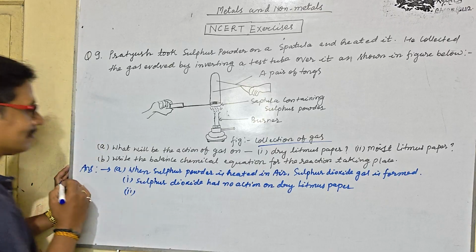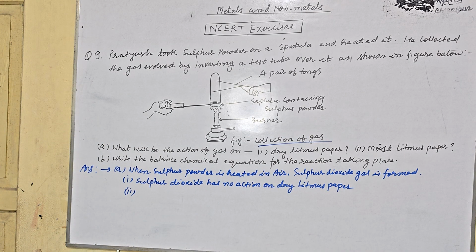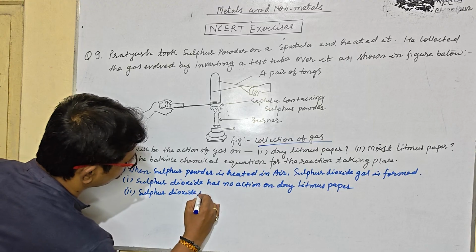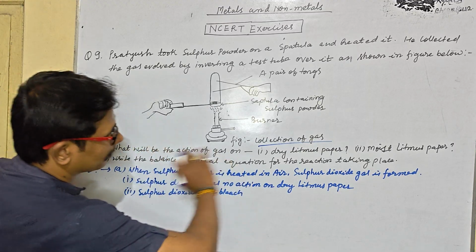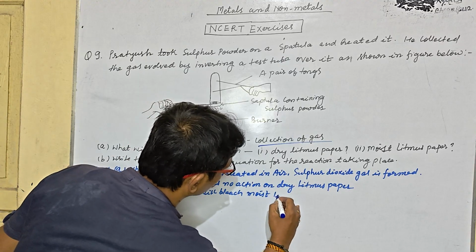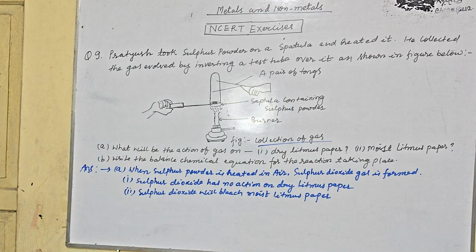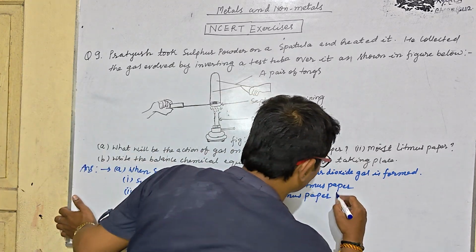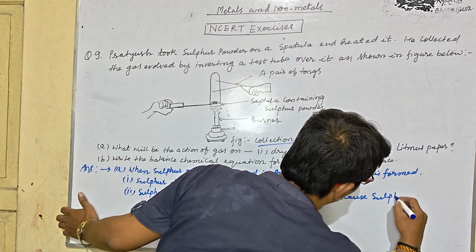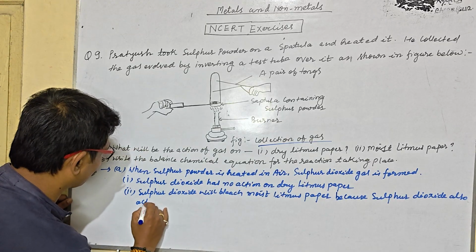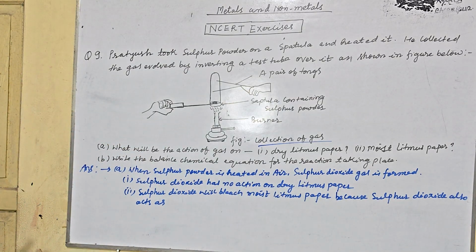And the second answer, moist litmus paper: sulfur dioxide will bleach moist litmus paper, because sulfur dioxide also acts as a bleaching agent in the presence of moisture.